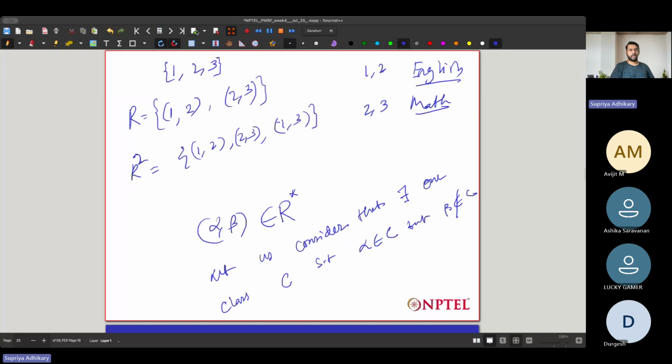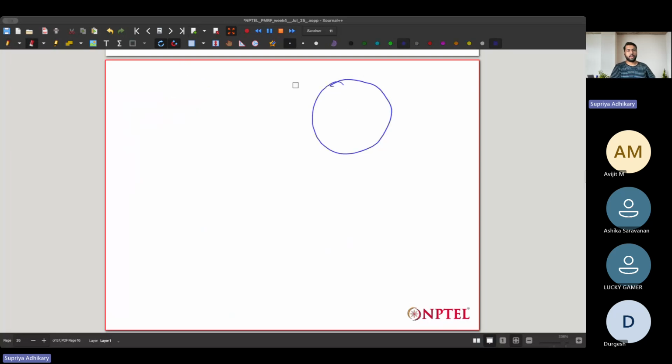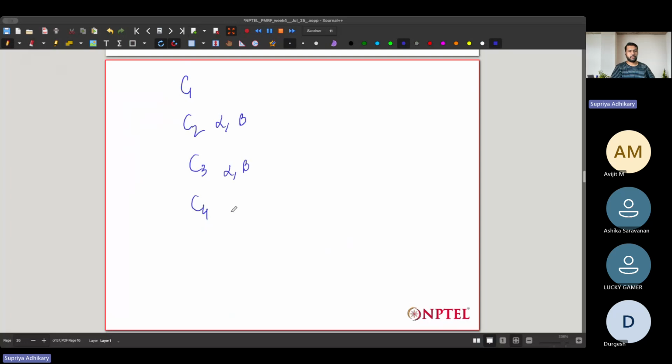Now the question is, can this happen? If this is possible, then alpha is the only one in the class C, but beta is basically like this. So alpha and beta share every other class. Let's say there are three or four classes, C1, C2, C3, and C4, and all of the classes are shared by both alpha and beta.